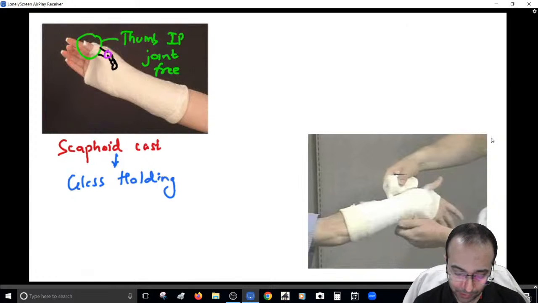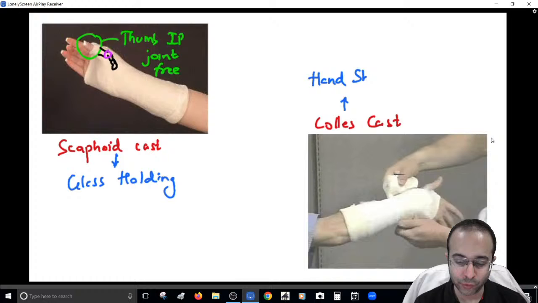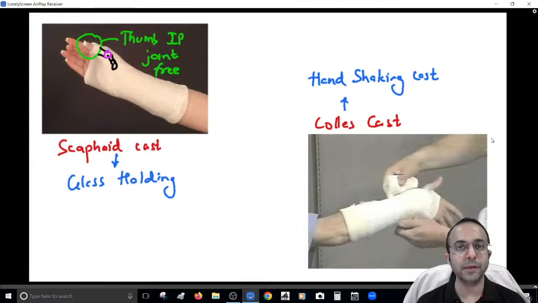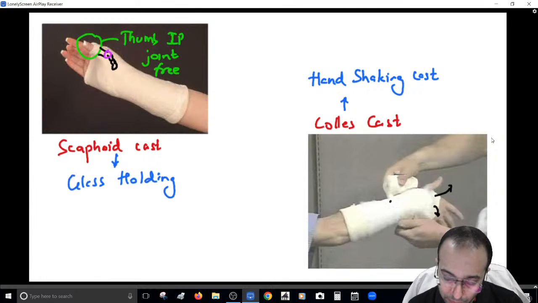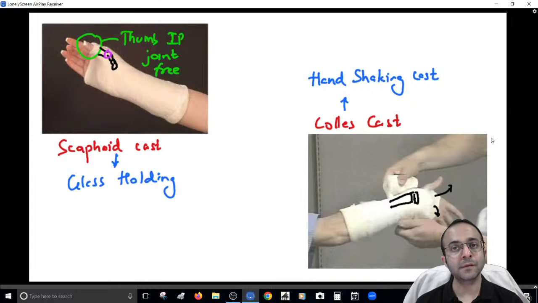You are very much familiar with the Colles cast and the position you put up in Colles cast. I think you're very much familiar with this position called handshaking position that you see over here, the palmar flexion and this medial deviation. Now Colles will be a fracture involving the distal radius.